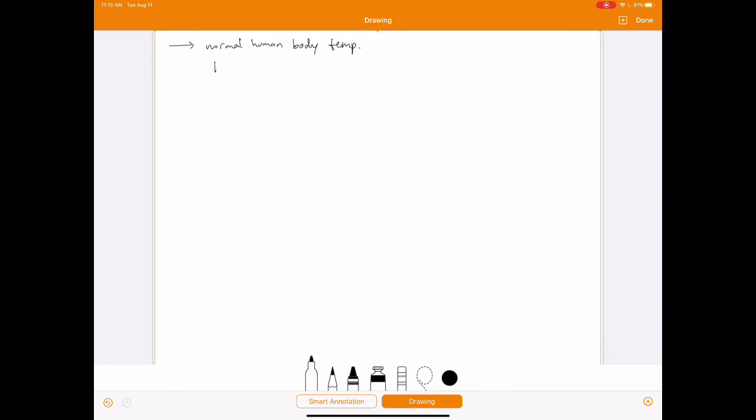So we know from what we just did earlier that the temperature in Fahrenheit is equal to 9/5 times the temperature in Celsius plus 32 degrees. Okay, so we actually want to turn this around and solve for the temperature in Celsius.